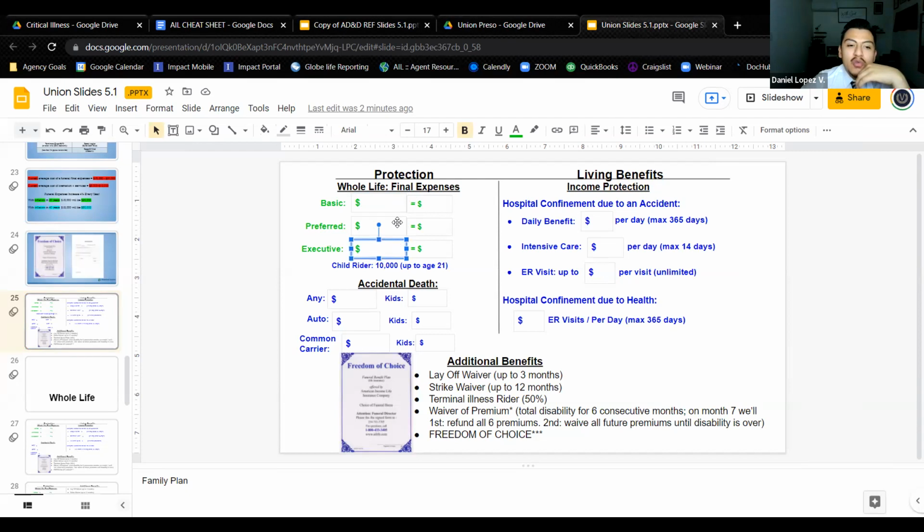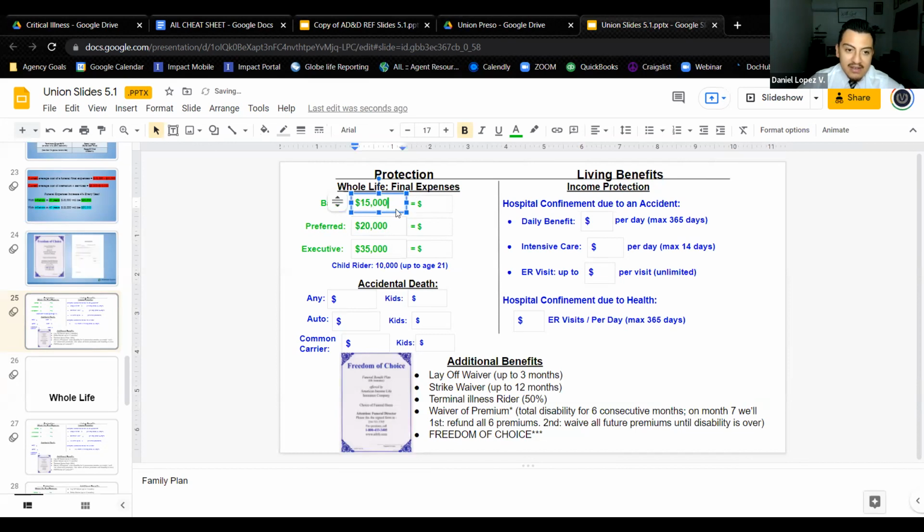So if this is someone who cannot afford it, I can write the preferred to be 35,000, the executive to be 20,000, the basic to be 15,000. It's up to whatever I want. Okay, I can also switch it backwards. This can be 120, 60, 35.